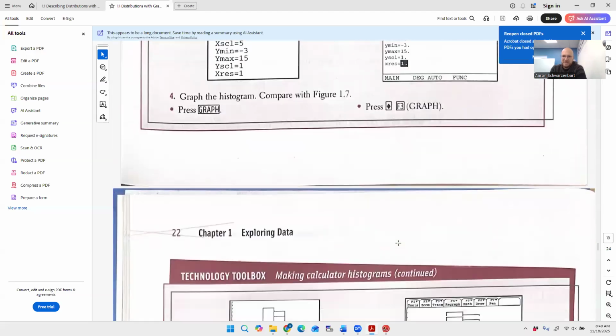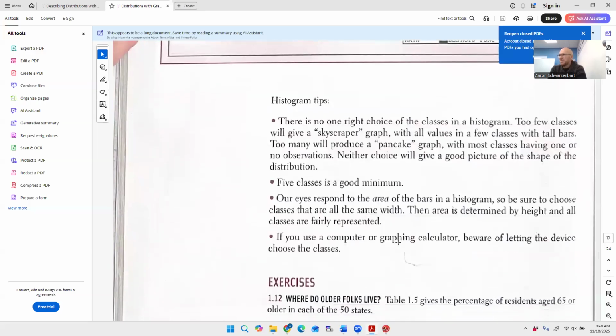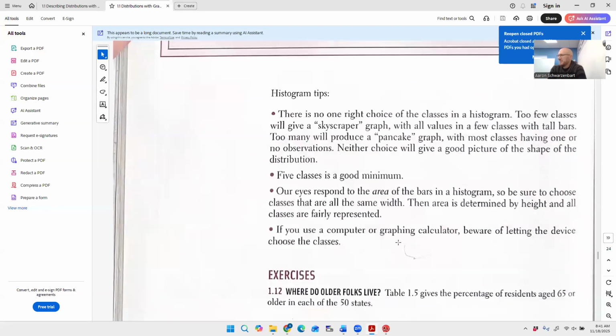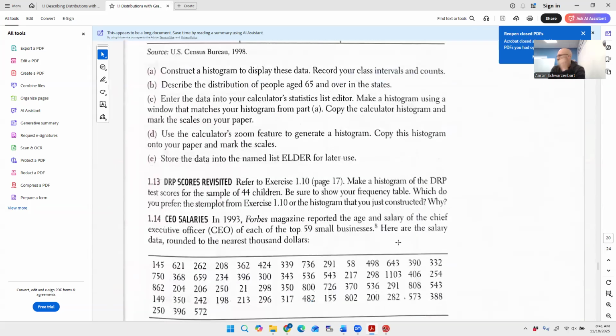This book has lots of nice technology toolboxes on how to do this on the TI-83, which is the 84, and the TI-89, which is the very old, hard to use version of the CAS.